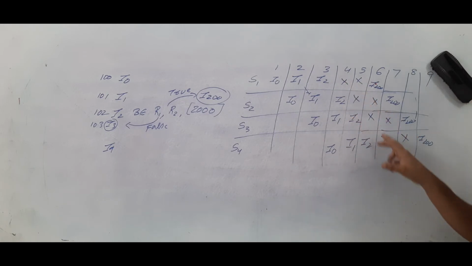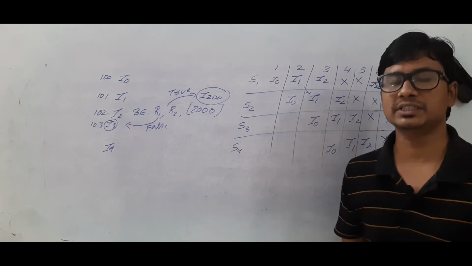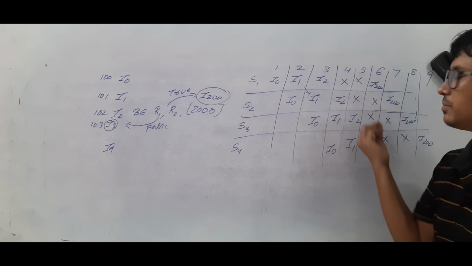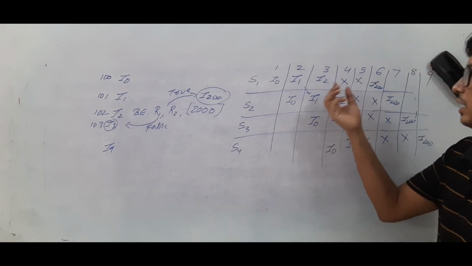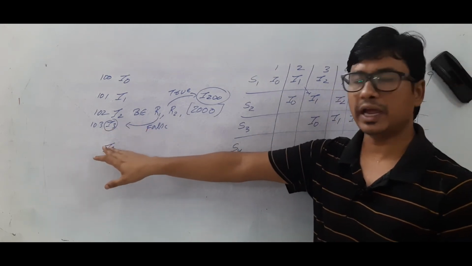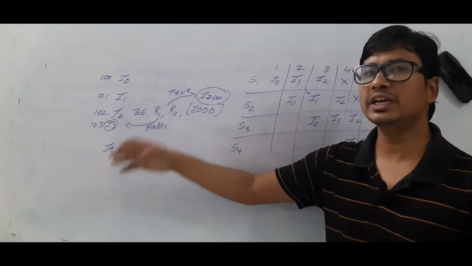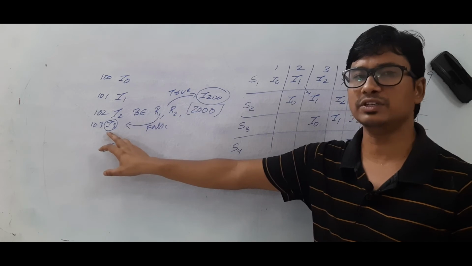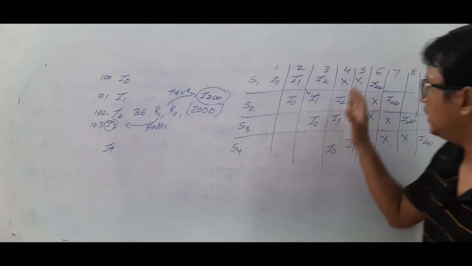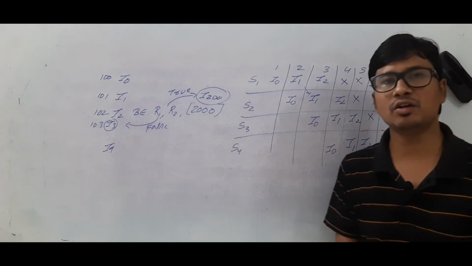Instead of wasting these cycles, we can execute some instruction. Let's take that I4 to I9 instructions are there. If we can execute any instruction from I4 to I9 here, then we are not wasting the clock cycle.